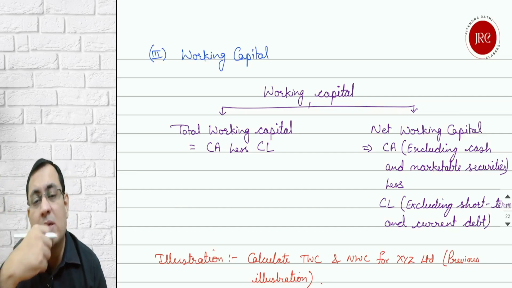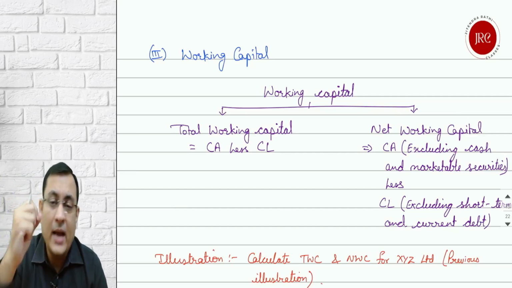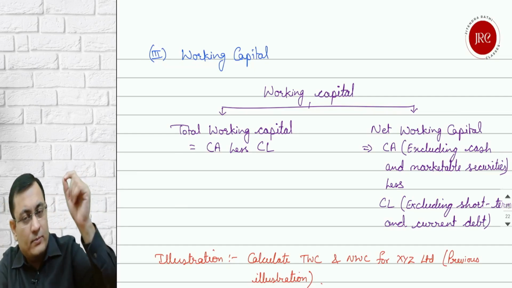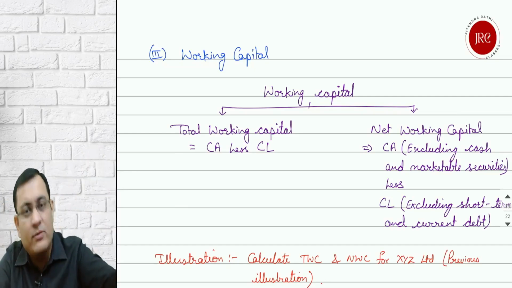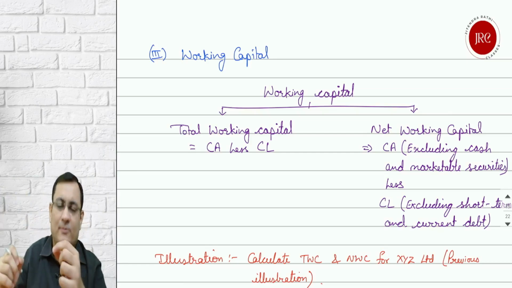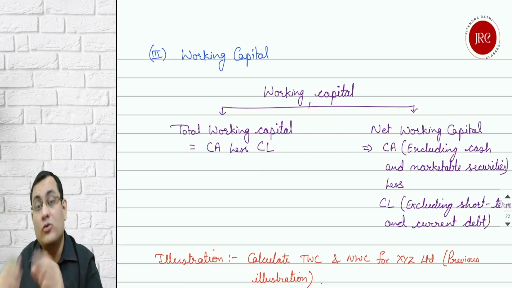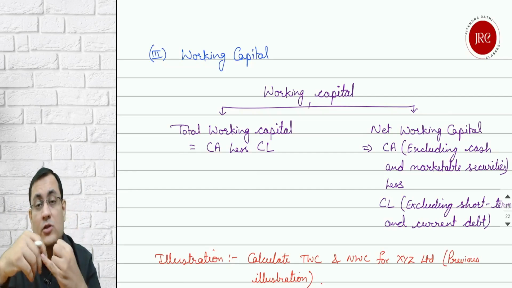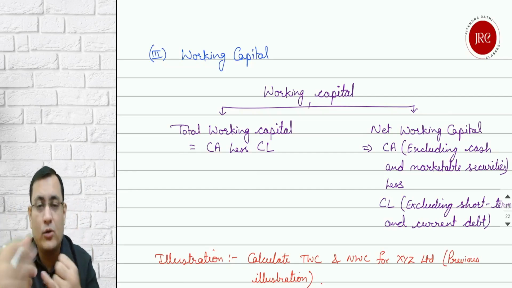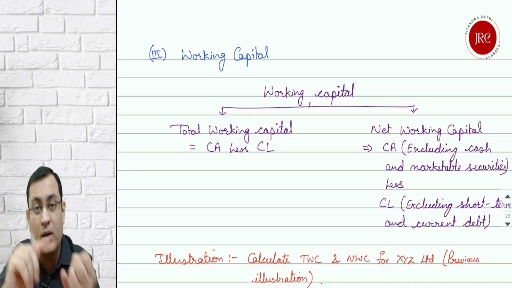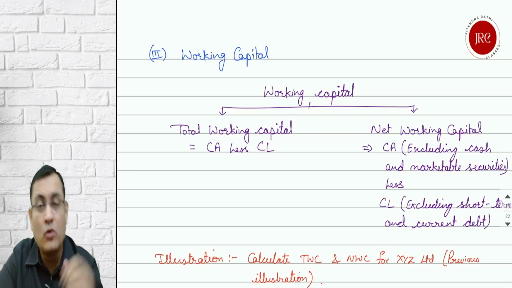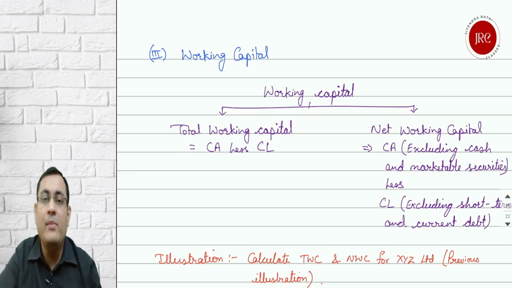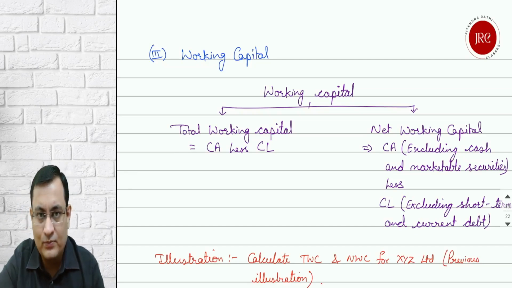What do we mean by this 700 crore? It represents that 700 crore is being invested by investors in these assets which will be used for our day-to-day working, which generate cash for our day-to-day working: your inventory, your receivables, your prepaid expenses, through which you will be performing the primary activities of the business.